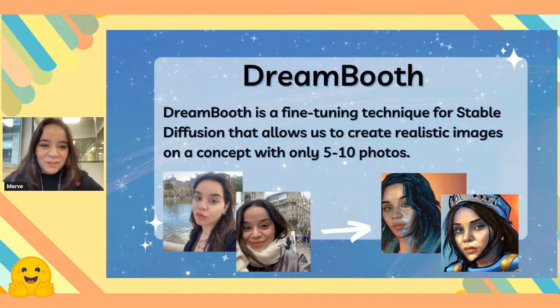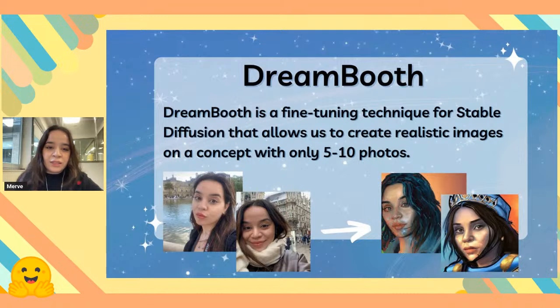But what is Dreambooth? It's a fine-tuning technique for stable diffusion that allows us to create realistic images on a concept with only 5-10 photos. So if you were to, for instance, fine-tune on 100 images, like back in the day, it was too costly by means of computation and also the data.